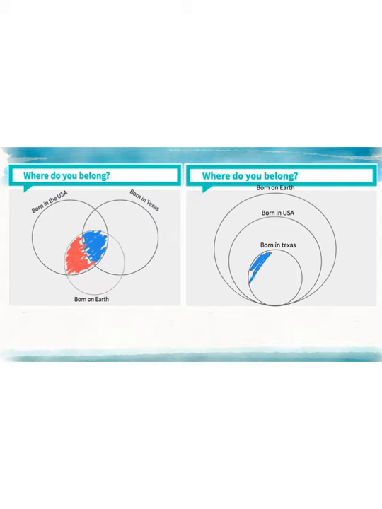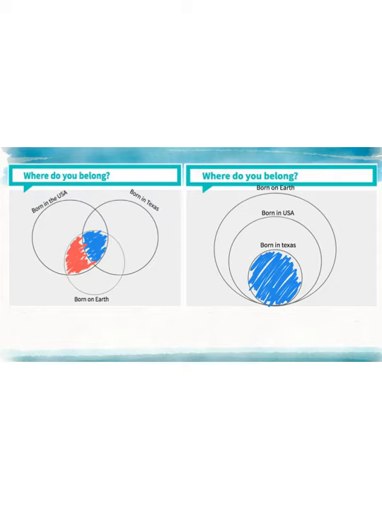So I am going to shade in the born in Texas circle blue. Now notice how this circle is inside of the other 2 circles. That means I'm a part of all 3 circles.